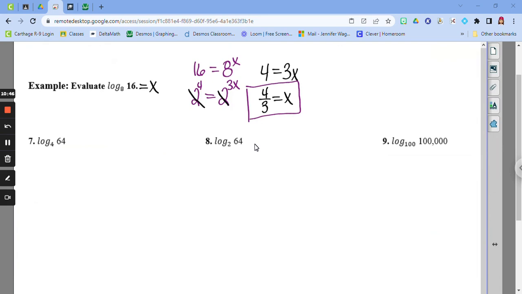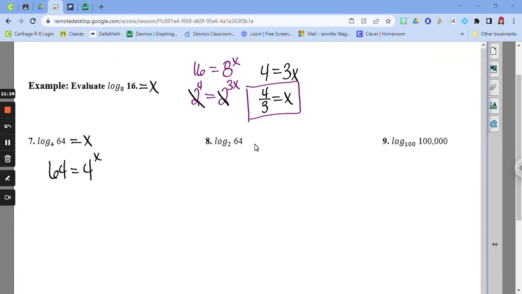So if we look at number 7. First thing to figure out that value for x, rewrite it as an exponential equation. 64 equals 4 to the x. What base do I want to use here?